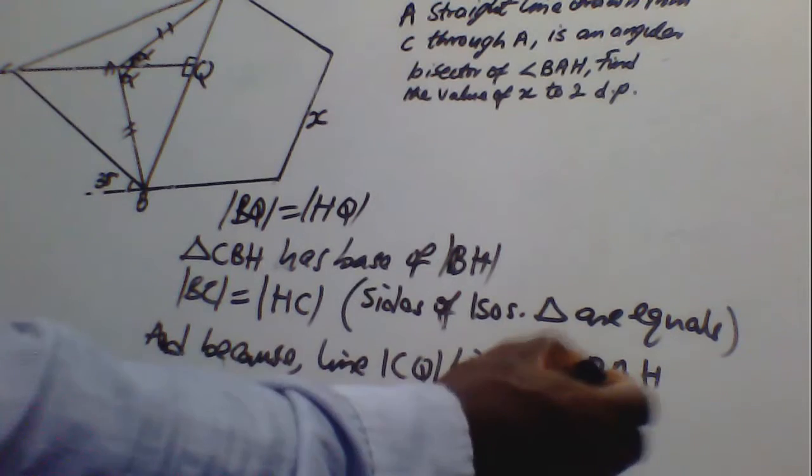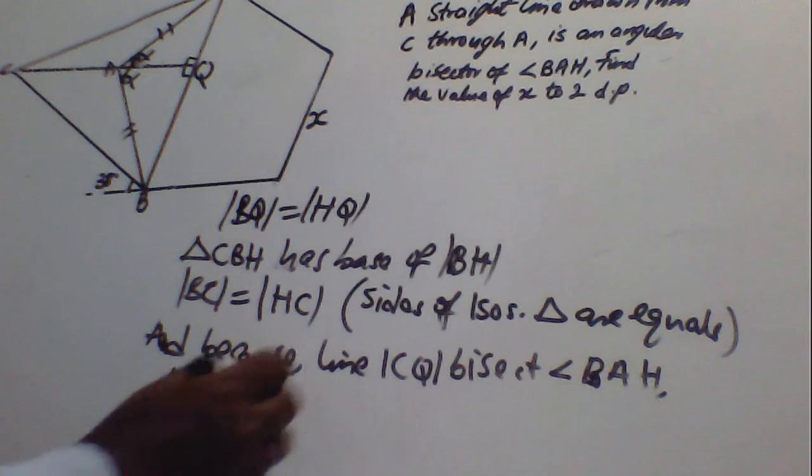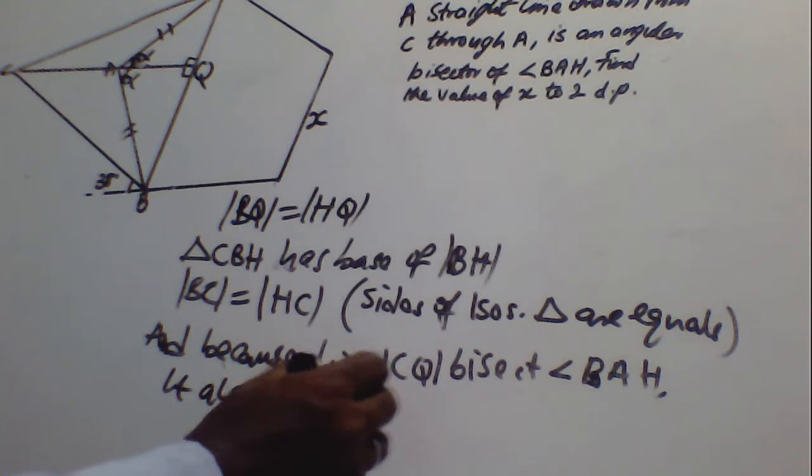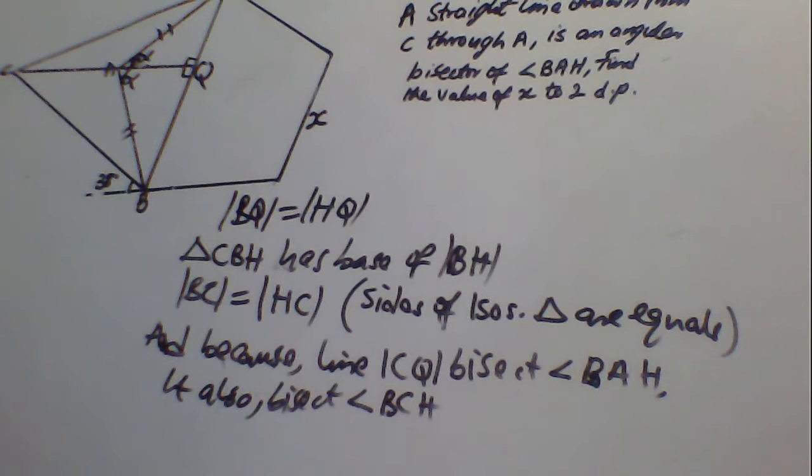And because it bisects angle BAH, it also bisects angle BCH, because it is a perpendicular line.